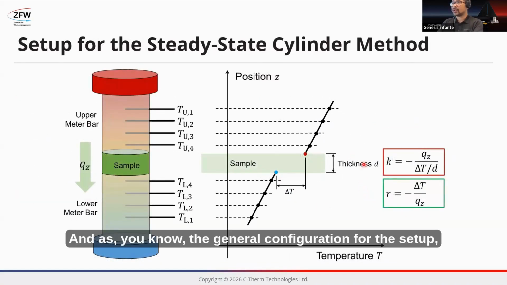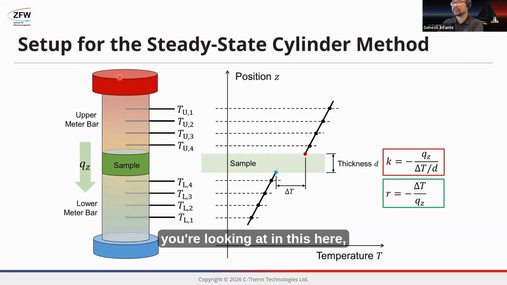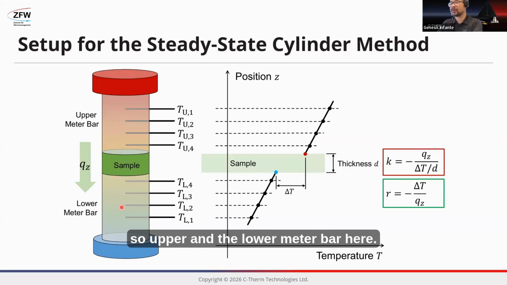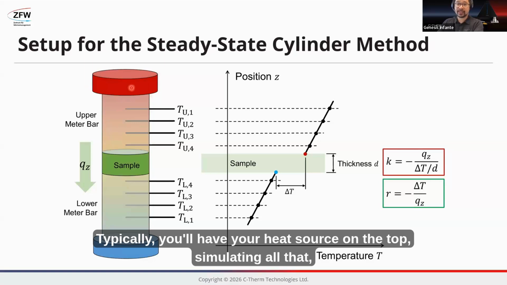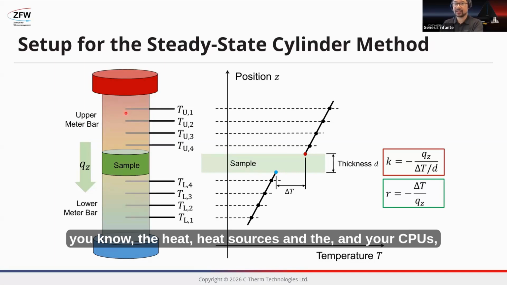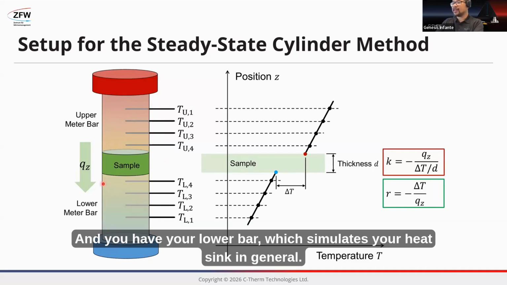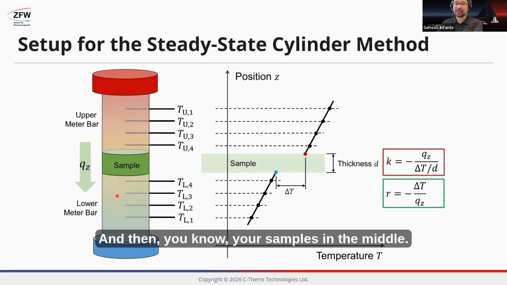And as the general configuration for the setup, your sample is going to be sandwiched between two test bars, the upper and the lower meter bar right here. Typically, you'll have your heat source on the top, simulating the heat sources like your CPUs, GPUs, or data center heat sources. And you have your lower bar, which simulates your heat sink in general, and your sample in the middle.